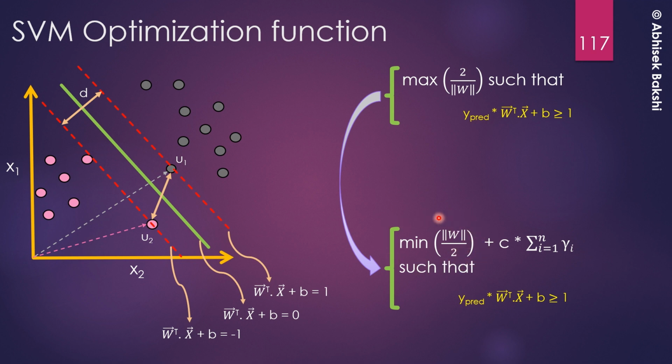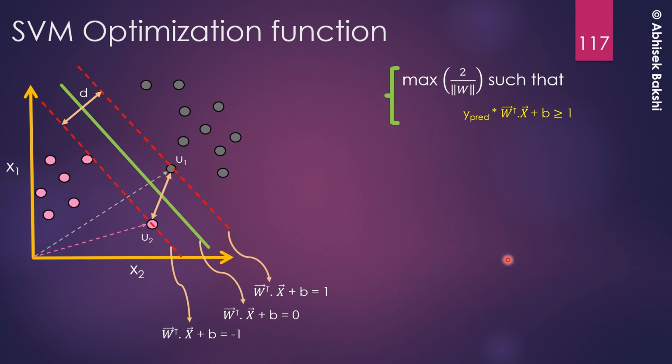And what is this w norm? W norm is the vector which is perpendicular to this decision margin or decision boundary. Also, you have seen there are two more parameters coming here on the right hand side, that is c and gamma.